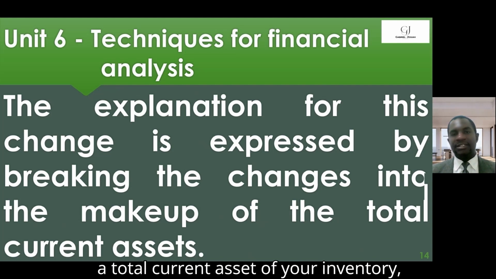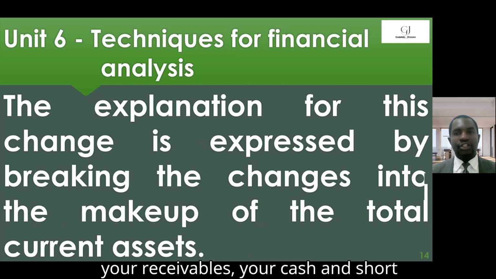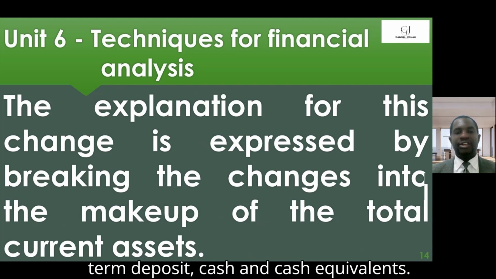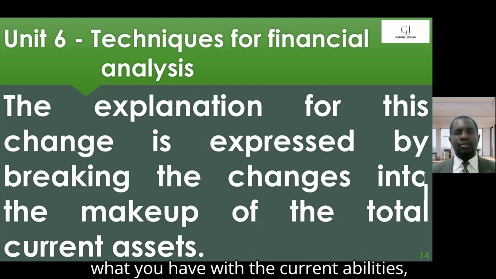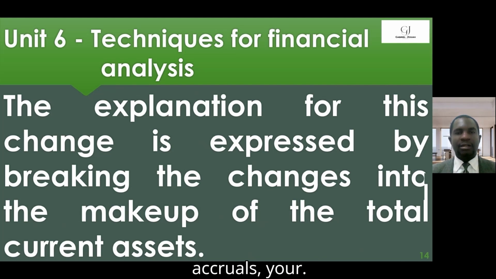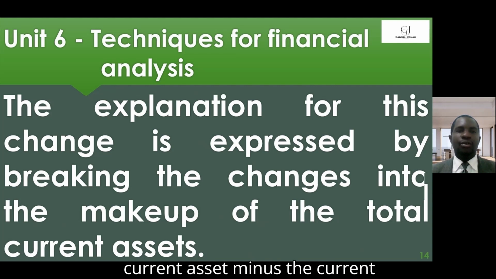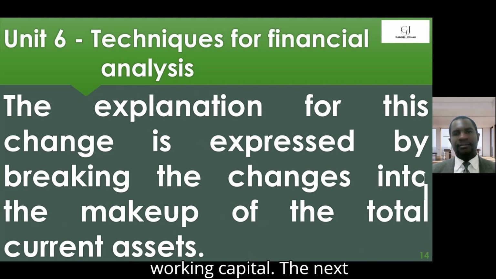So you have total current assets of your inventory, your receivables, your cash and short-term deposits, cash and cash equivalents. You express them based on what you have with the current liabilities, which are your trade payables, your accruals, your short-term obligations. So current assets minus your current liabilities is expressed as your working capital.